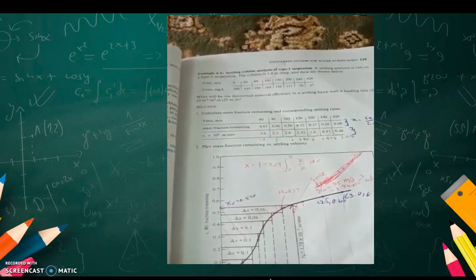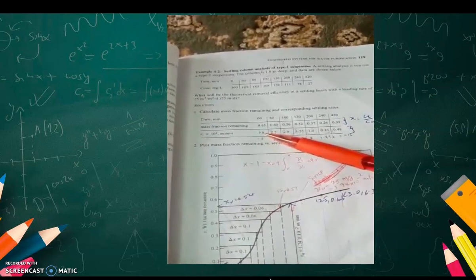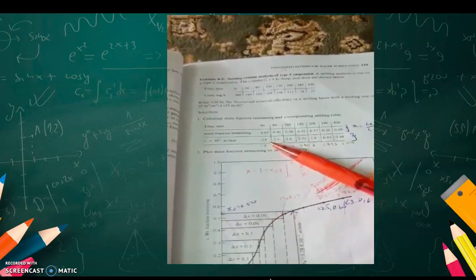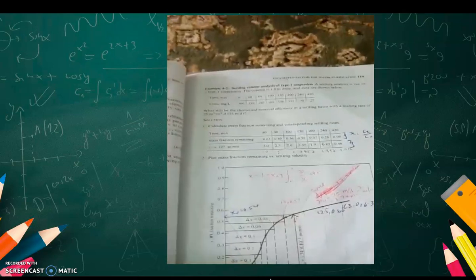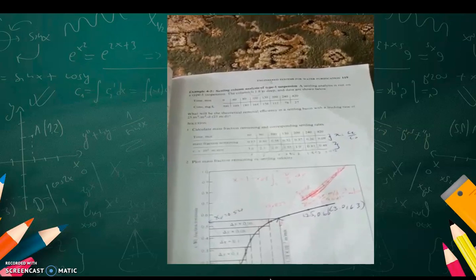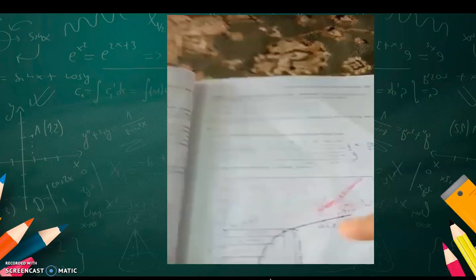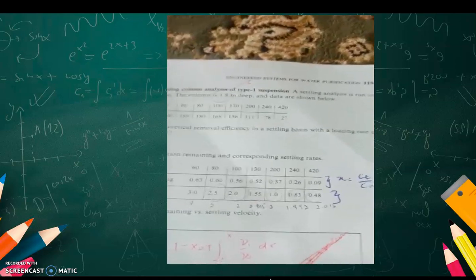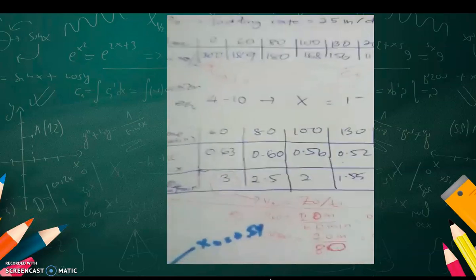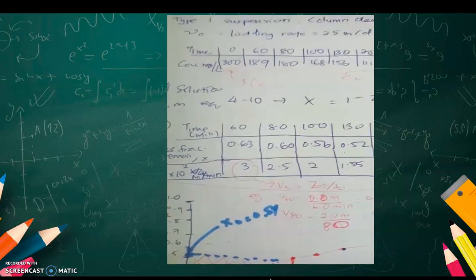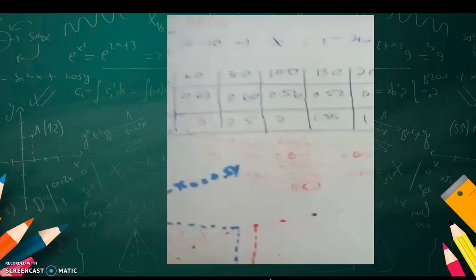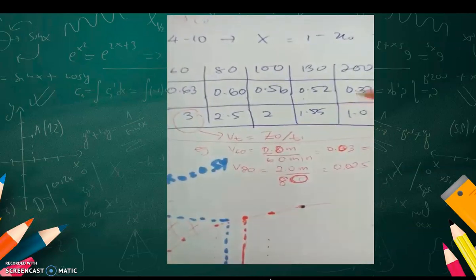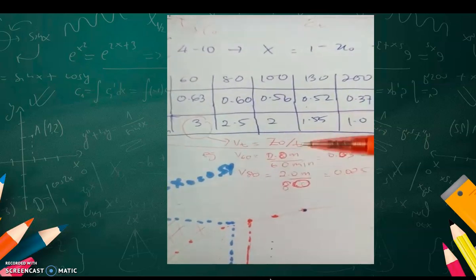Now for vt, how do we get the value of vt? Earlier on page 118, we know that vt is actually z over t.